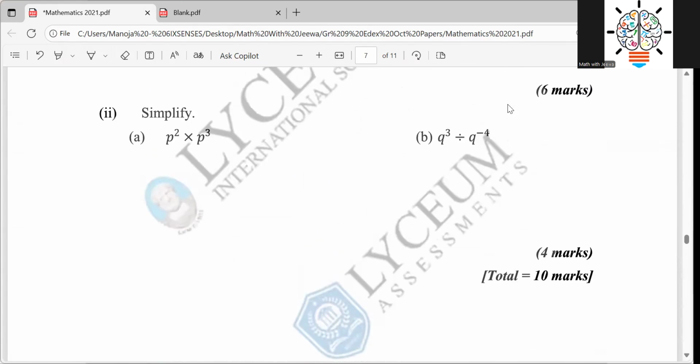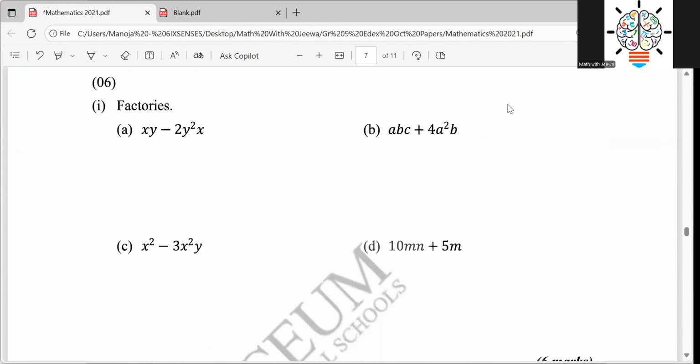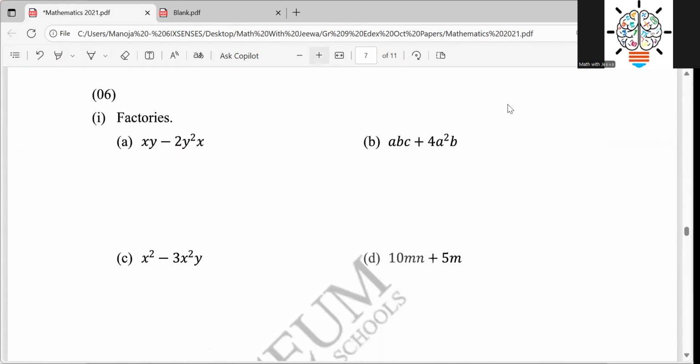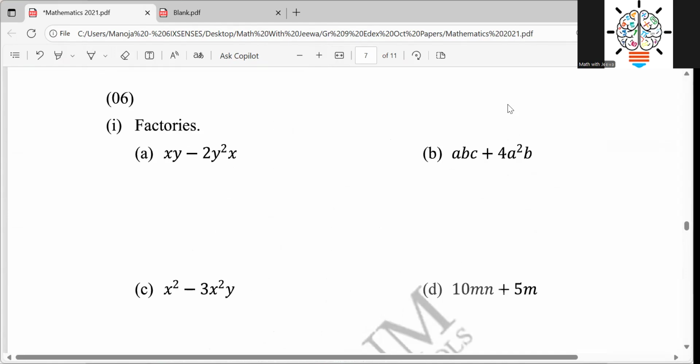So then the next question we are moving, that when you have something like this, factorizing, that means you are taking the common things out. When you look at these two expressions, xy and 2y squared x, so then I have x and y out. And then here 1 minus 2y, because you can take x and y out.